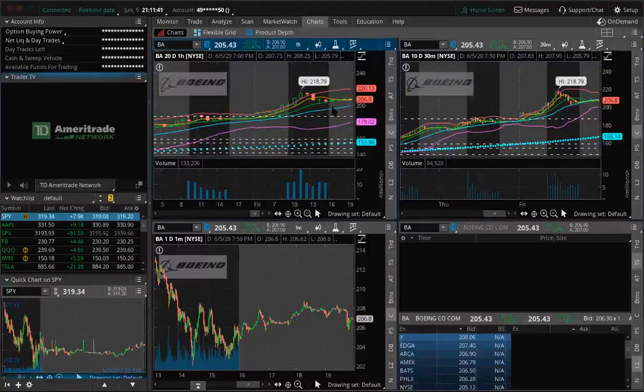I know some of you may have encountered both simple moving averages and exponential moving averages. I use the simple moving averages. It's just what I'm accustomed to, not taking away from the EMAs.